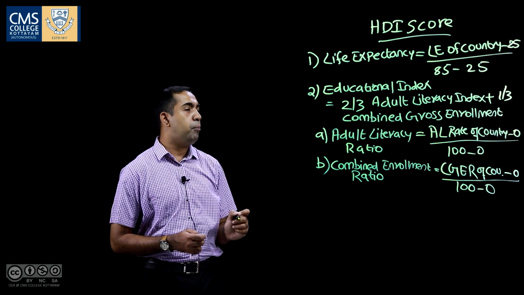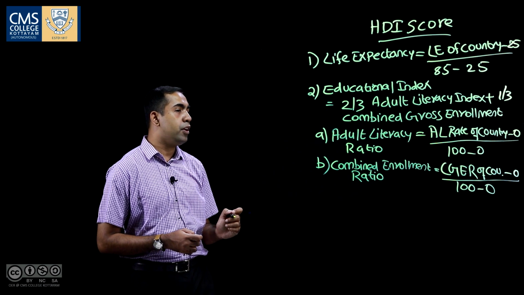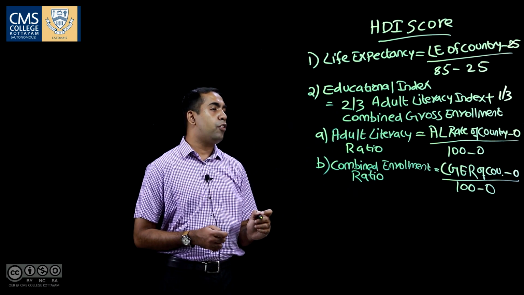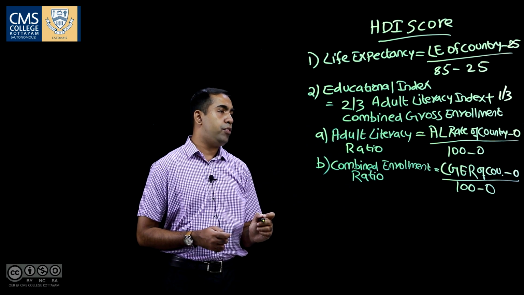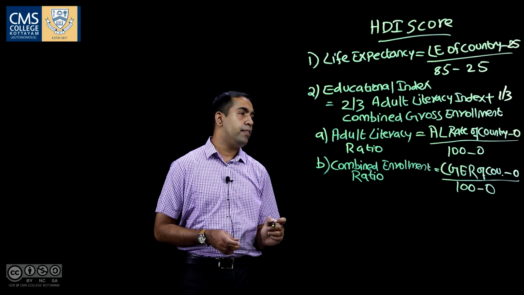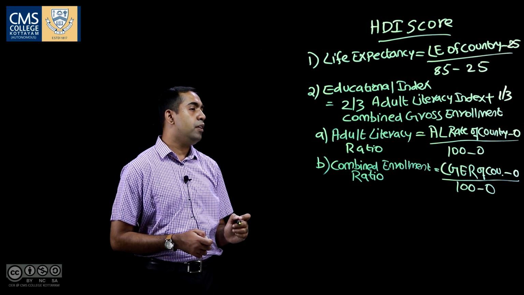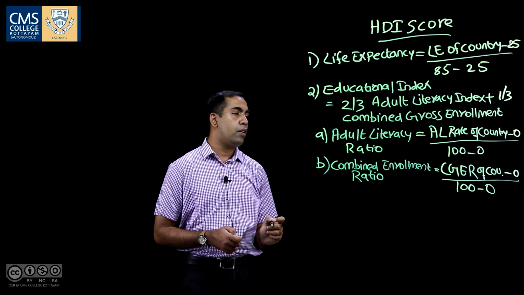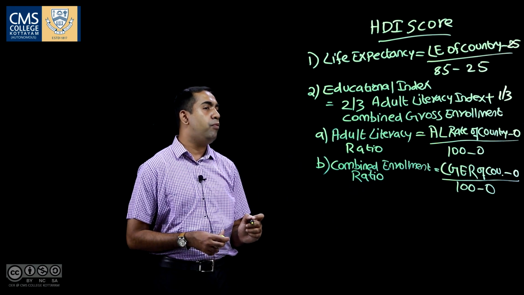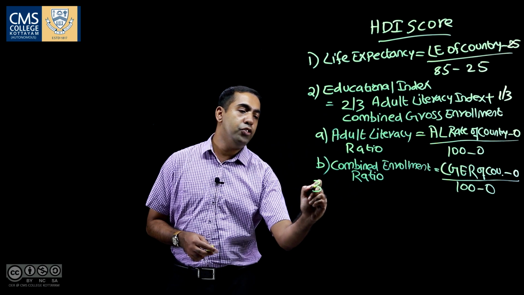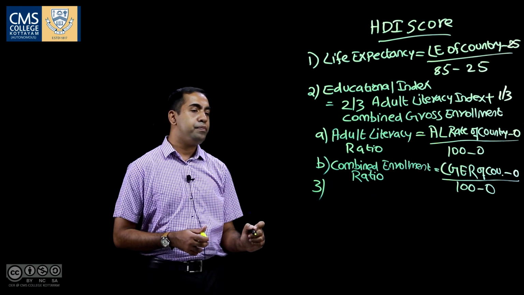Regarding the combined gross enrollment ratio, it is calculated as the combined gross enrollment ratio of the specified country minus the minimum value of 0, the whole divided by the maximum value of 100 minus minimum value of 0. So, this is all about the educational attainment index.